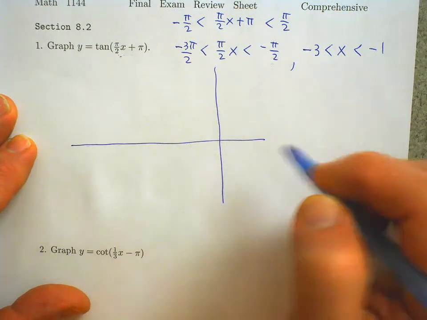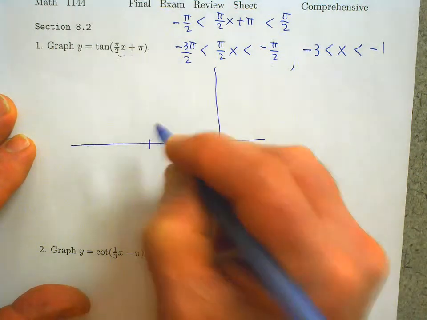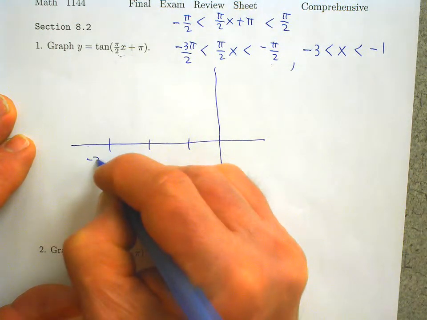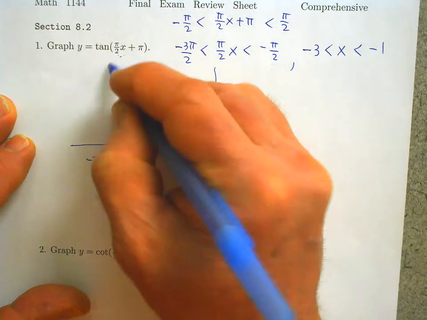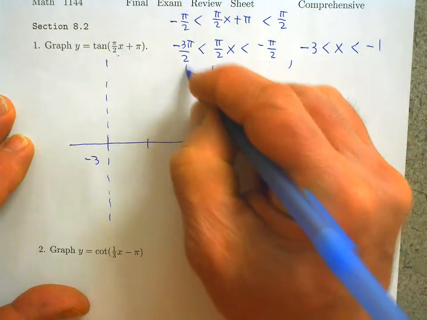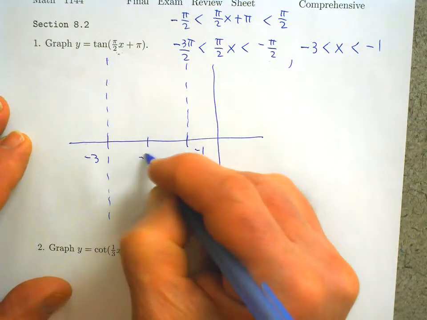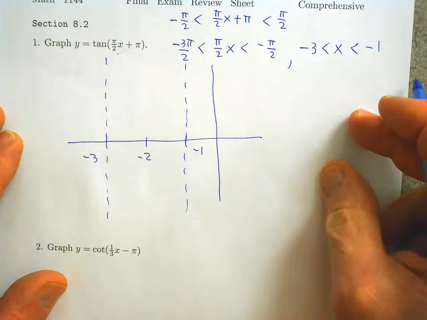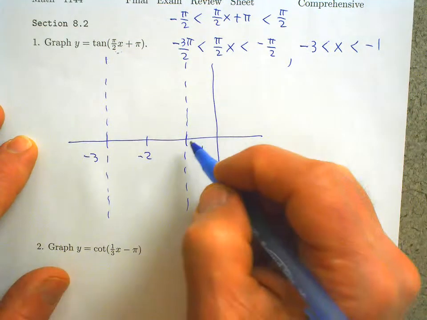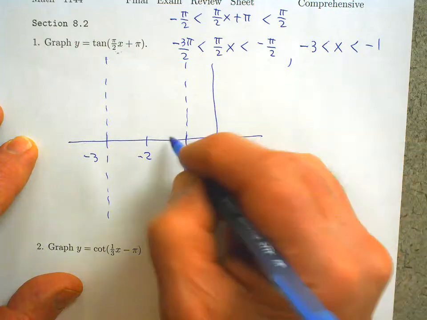Okay, so here's the x-axis, and then negative 1, negative 2, negative 3. So we have vertical asymptotes. We also want to find 3 key points. So we also divide this interval into 4 parts.